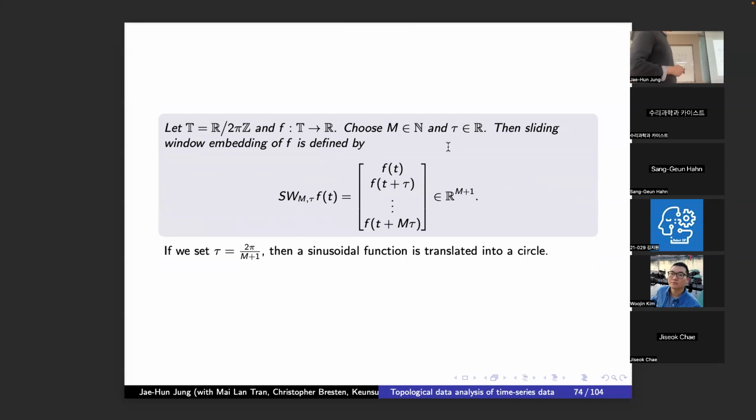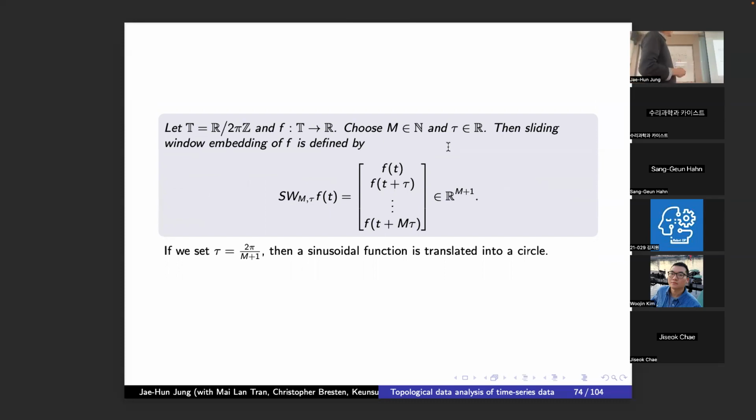Consider this sliding window embedding again. Then you just choose a very particular one: tau equals 2 pi divided by m+1. In general, the cosine and sine in the embedding space usually become an ellipse. We cannot predict the shape, right? However, if you use a very particular parameter, then they all become a circle. This is good.